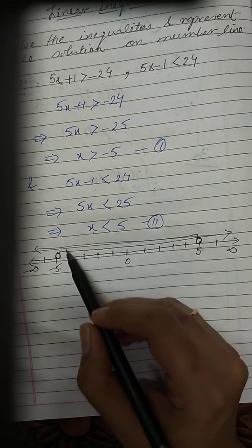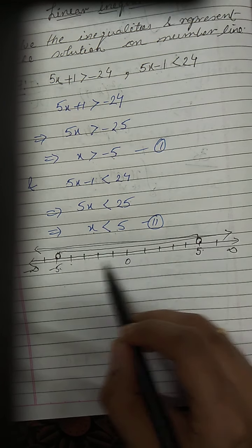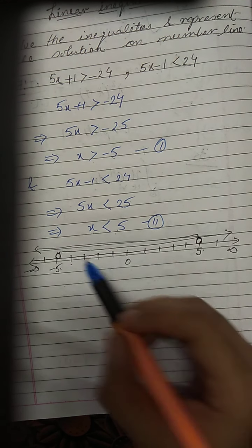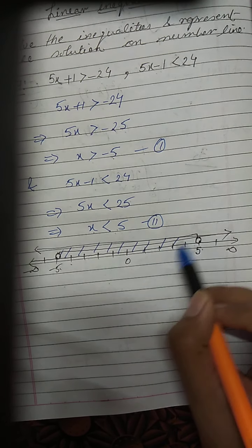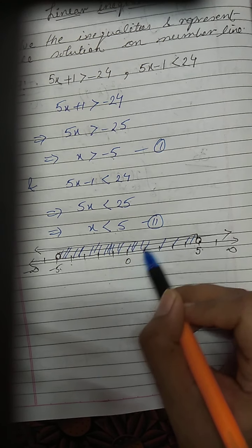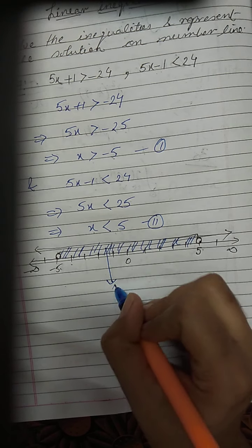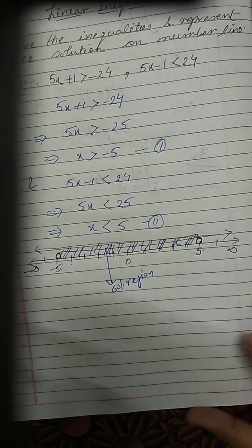Similarly here on the real number line, the portion common to both the solutions is what we mark. If you notice, from minus 5 to plus 5 we have this common region. So this is our solution region, and we will shade it.